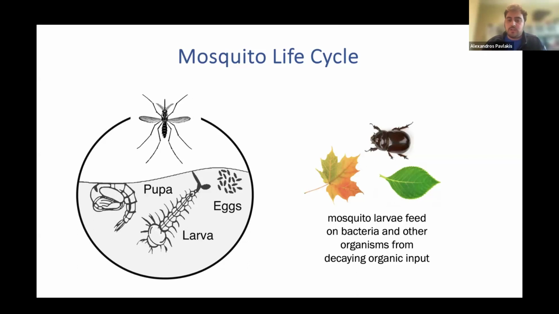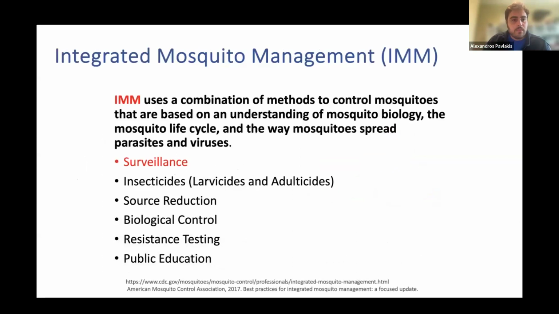In this stage, the larvae are feeding on bacteria and other organic matter that falls into the water, and they're growing and developing. Then they develop into the pupal stage, and finally emerge as the only terrestrial stage in this life cycle, the adult mosquito that we all know and hate.